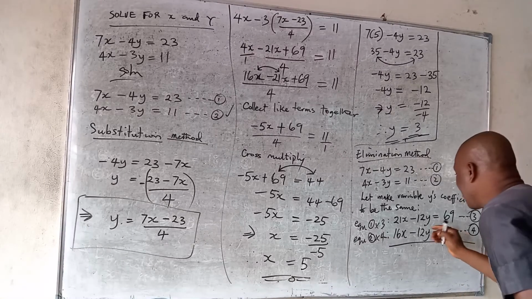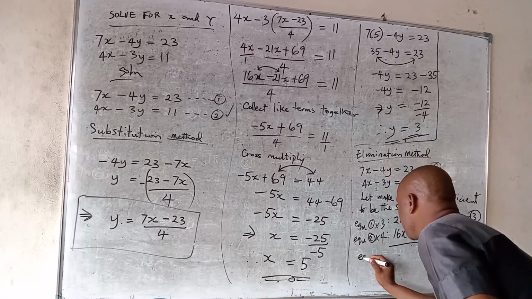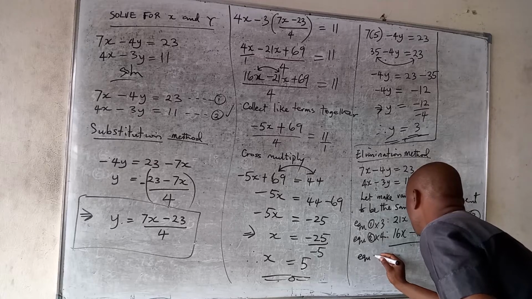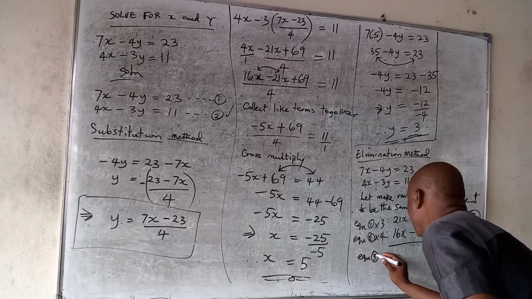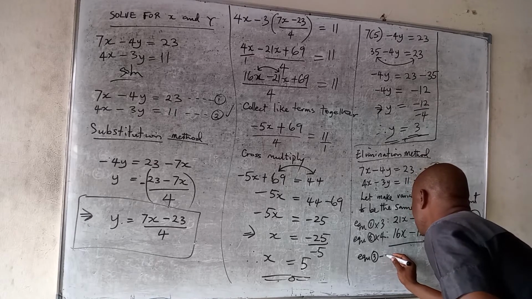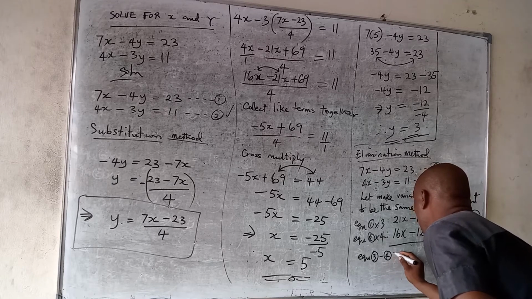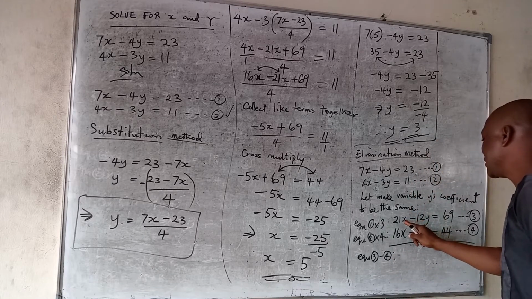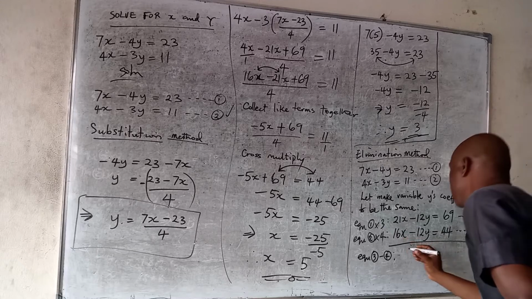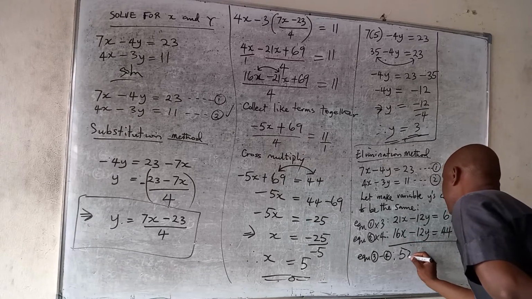So equation 3 minus equation 4 will give 5x.